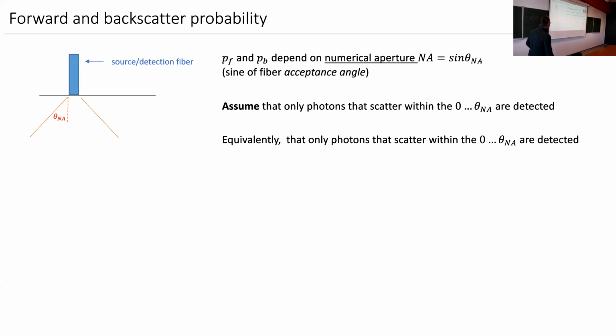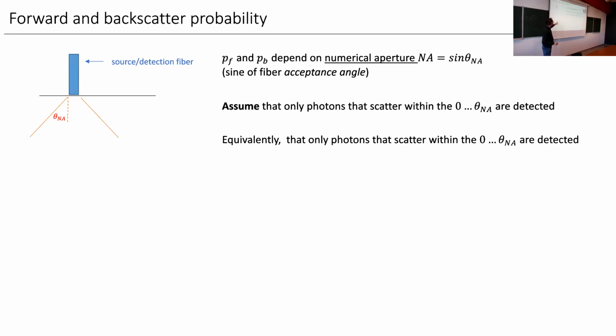Before we add absorption, I want to look a little bit closer at these PF and PV parameters. We have to assign some value to them if we want to do calculations. What we assumed in the model is that they will depend on the acceptance angle of the fiber.